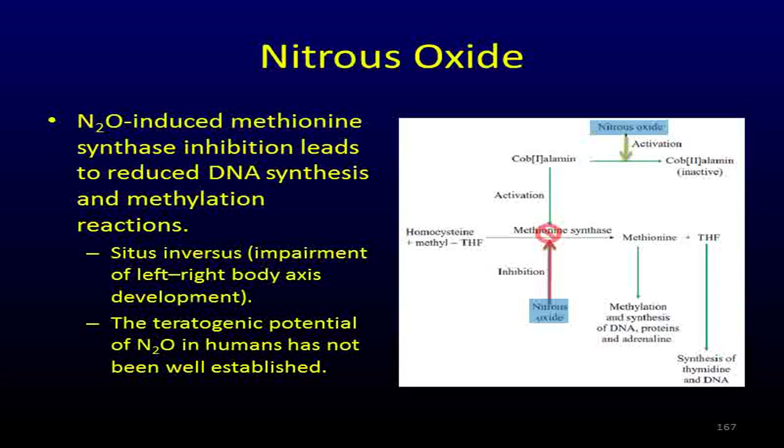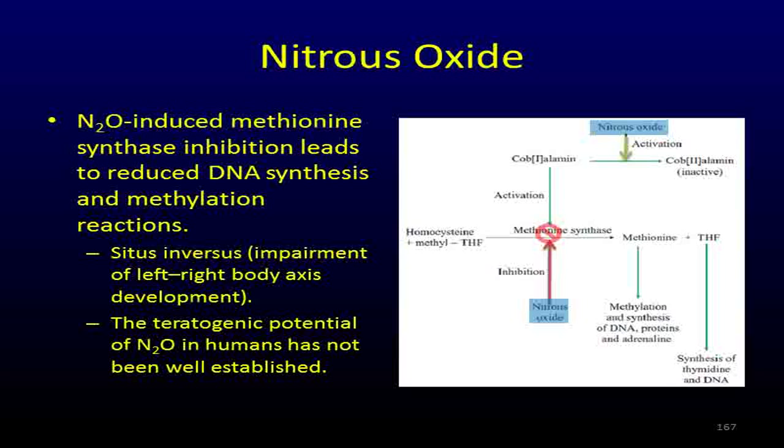Now, in animals, it appears that DNA synthesis is inhibited because nitrous oxide will inhibit this enzyme called methionine synthase, or synthetase. And that enzyme will create methionine, right?